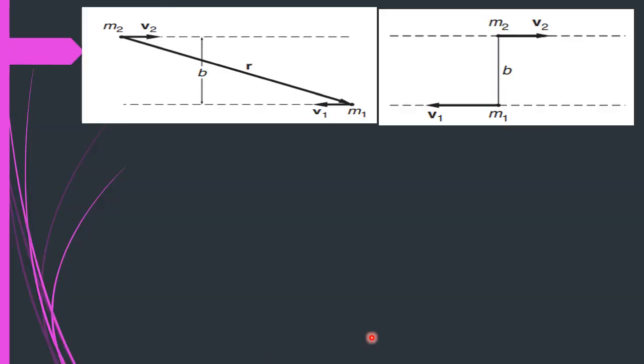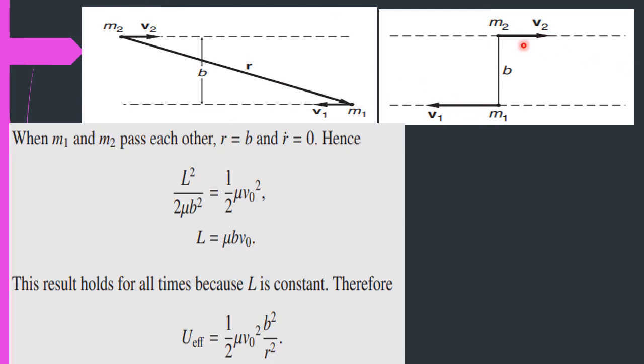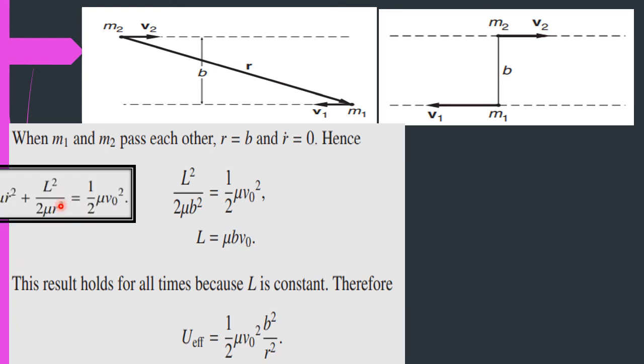Now in this figure, since v1 and v2 are moving, we take up one situation in which the particles are passing each other at a distance of r equal to b. Okay, so at that point r dot is nothing but 0. So in the energy equation, since r dot is 0, we can write it as L square by 2 mu r square, where r square is substituted as b square, equal to half mu v0 square.